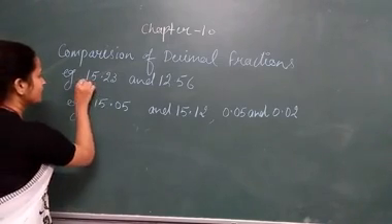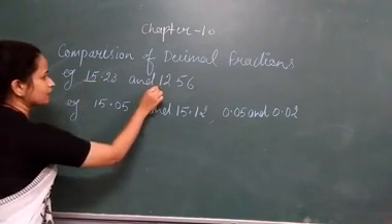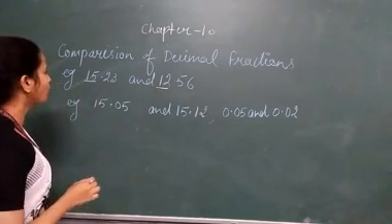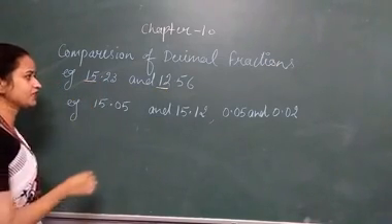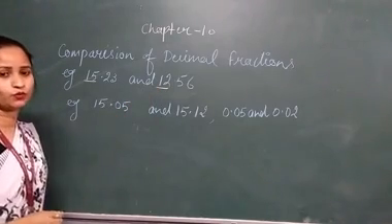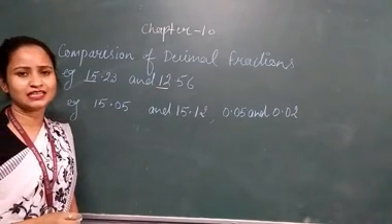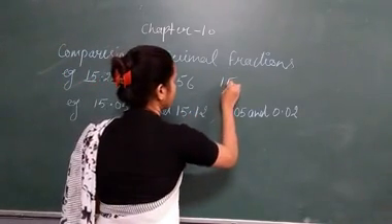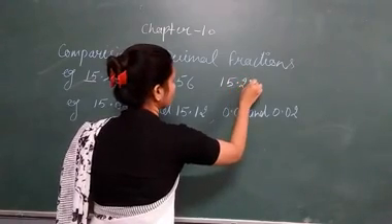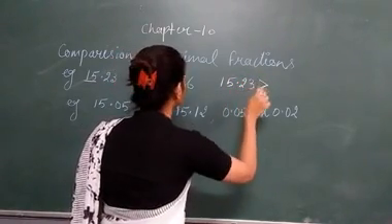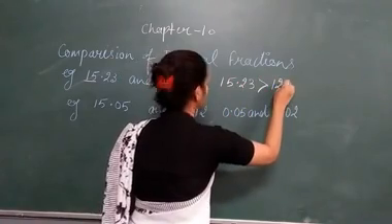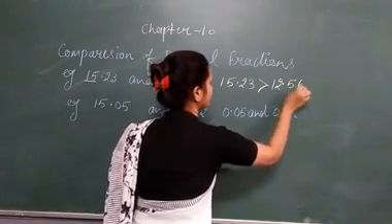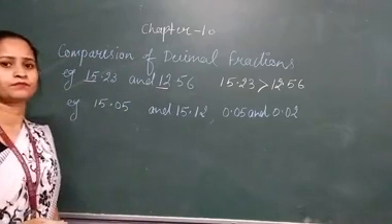We can see in this number whole number is 15 and in this 12, and we know that 15 is greater than 12. That's why 15.23 is greater than 12.56. Understood?